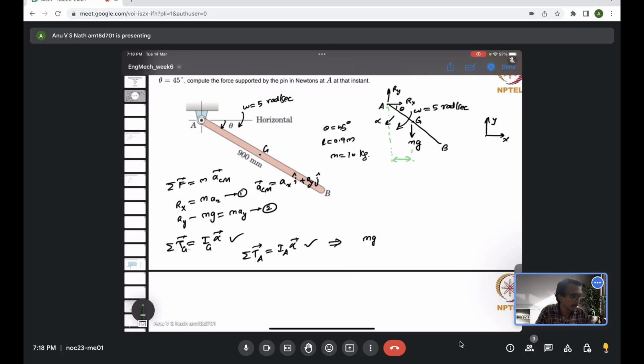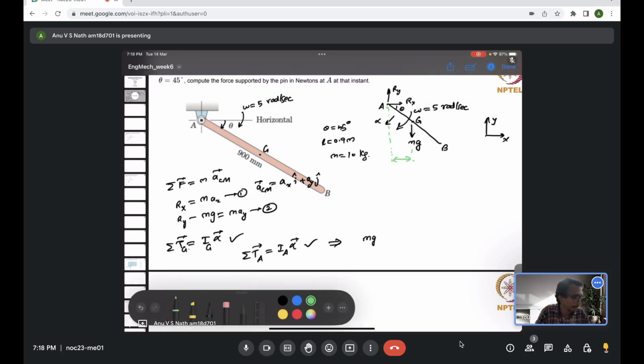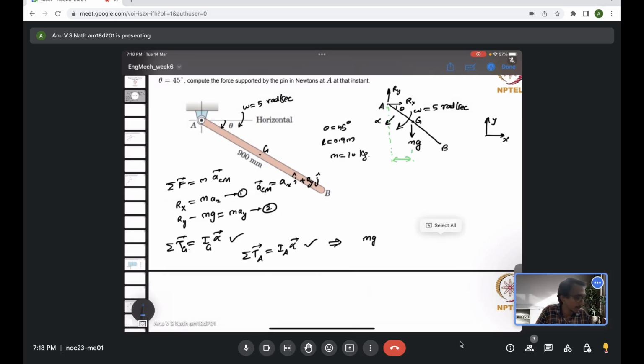Which is basically, you can see this is L by 2, where L is the total length of the rod, and L by 2 times cos theta. So this length is L by 2 times cos theta. It's the L by 2 distance projected in the horizontal plane.